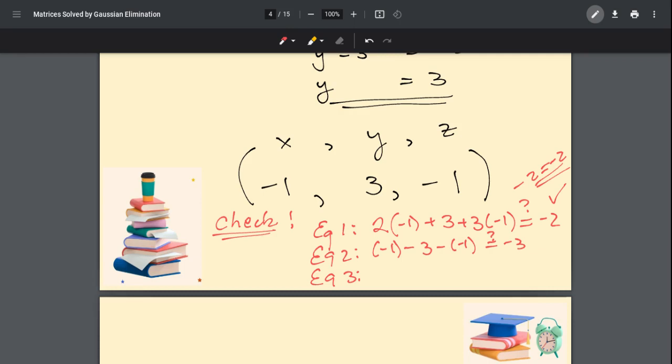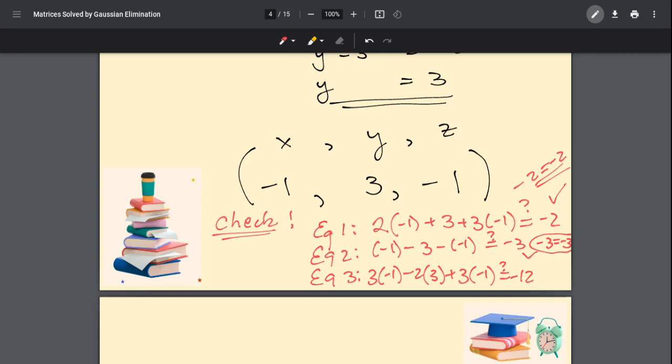Plus 1, that's it. -3 is equal to -3. So that is correct. Last equation: 3 times -1 minus 2 times 3 plus 3 times -1. Is it equal to -12?